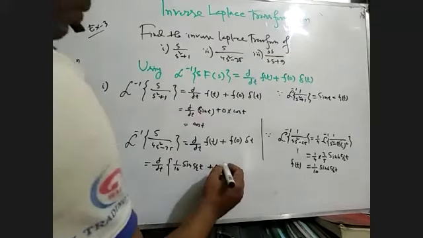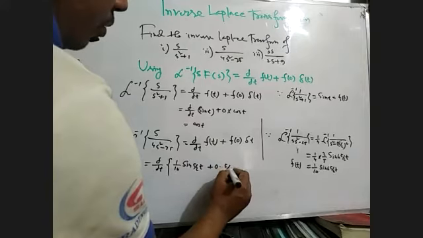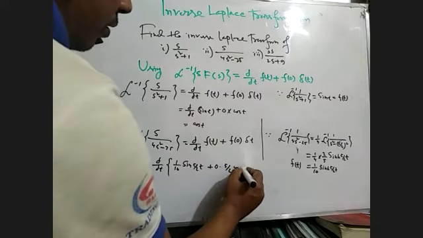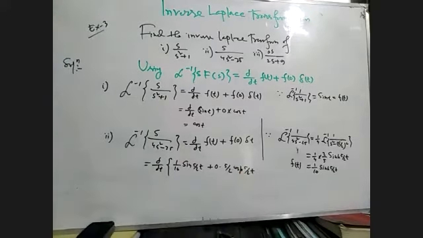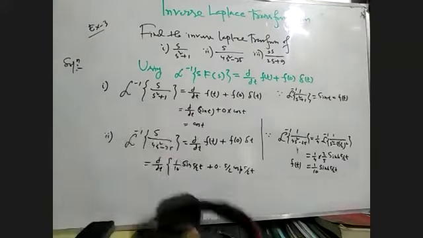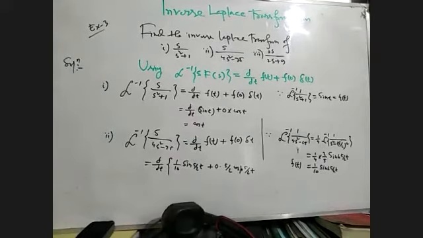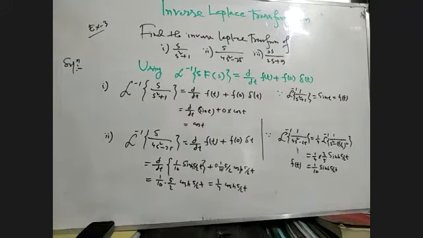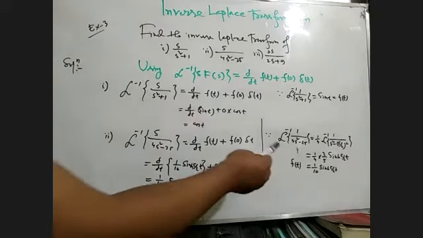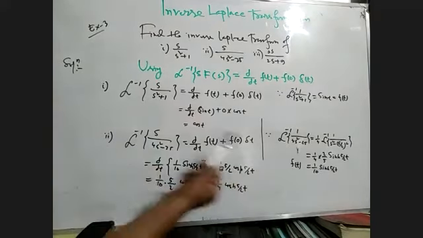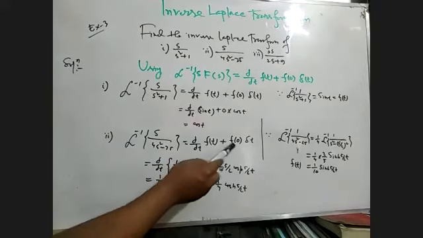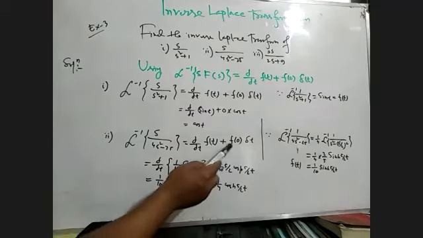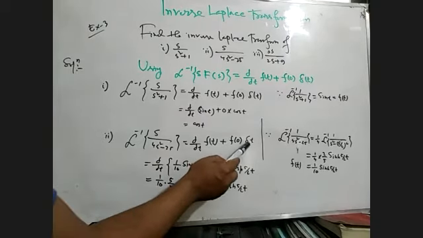Cos hyperbolic 5 by 2 cos hyperbolic 5 by 2 t. So just finding the original function f of t, original function, f of t values will be 1 by 10 sine hyperbolic 5 by 2 t. Then f of 0 equals 0, and 1 by 10 del t means what?